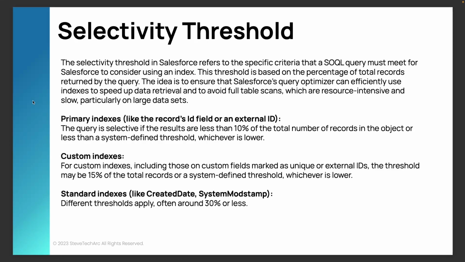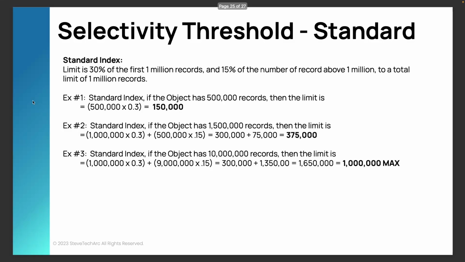So the selectivity threshold is a criterion the query must meet to consider using an index. So you're going to have primary indexes, standard indexes and custom indexes. We're going to look at a standard index first. A standard index has a ratio, what's called a threshold.